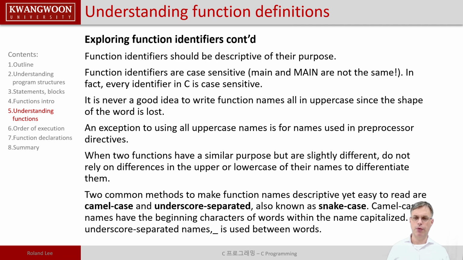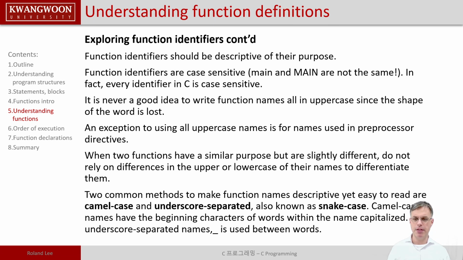And when two functions have a similar purpose but are slightly different, do not rely on differences in the upper and lower case of their names to differentiate them. It is far better to make them slightly different in length or use different modifiers in their name.